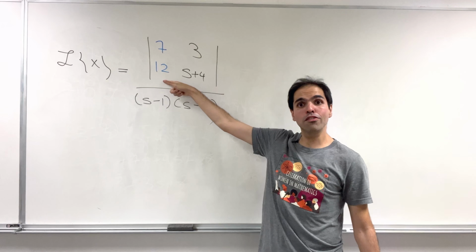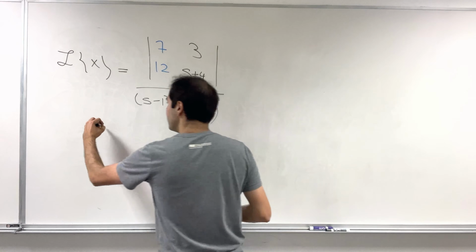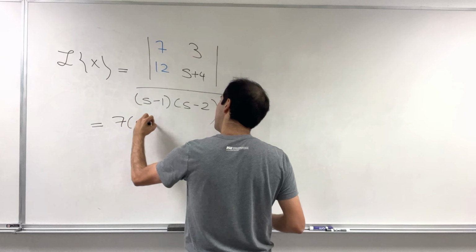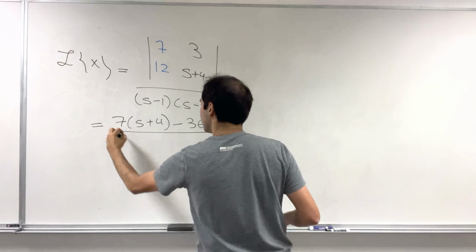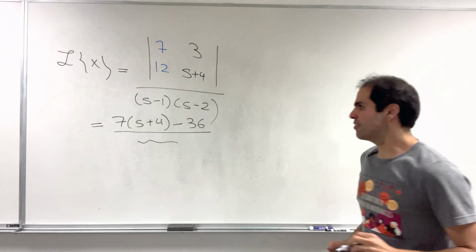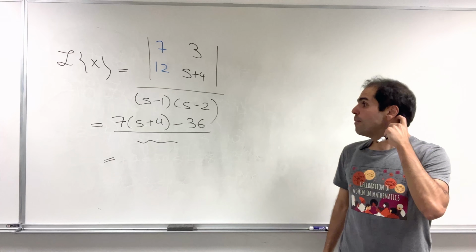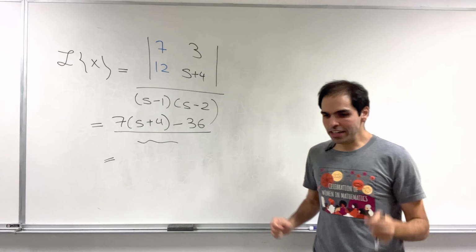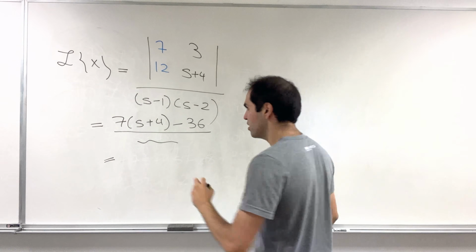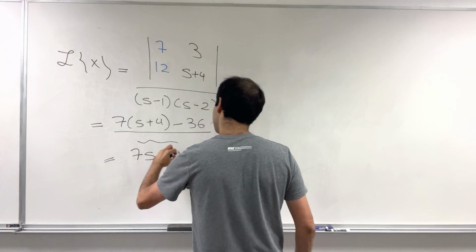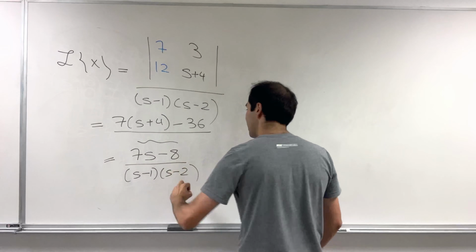First, where you replace the first column, we get 7 times s plus 4 minus 3 times 12, so minus 36, over the denominator that we found. And that becomes 7s plus 28 minus 36. 28 minus 36, I believe that's minus 8. So yes, 7s minus 8 over s minus 1 times s minus 2.